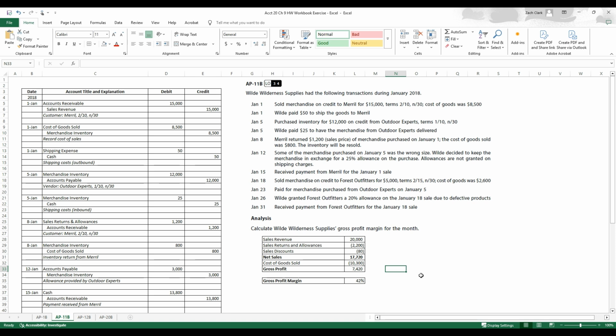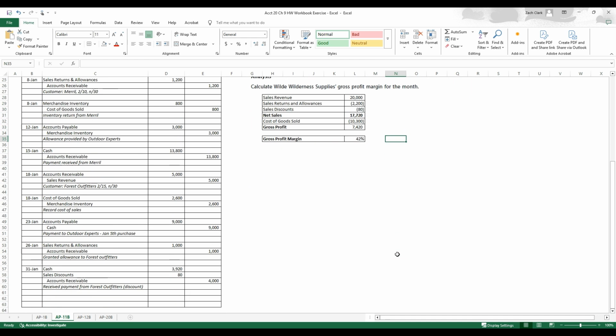So that's pretty good profit. It would depend on what industry you're in, but for every dollar of sales that you make on average, because you might have different costs depending on what the item is or when it was purchased, you're keeping 42% of each sale as profit after figuring in the cost of goods sold.